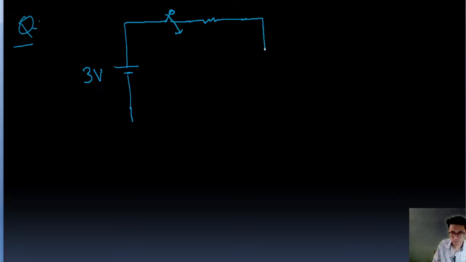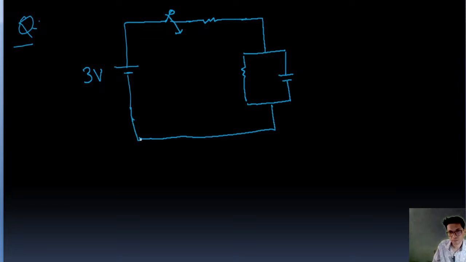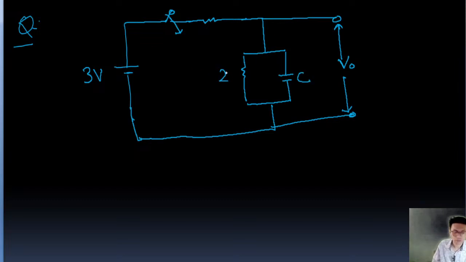This one, this one, and this is V output. Okay, V output. This is C. This is 2 ohm. Okay, this is 3 volt, and this is V output.